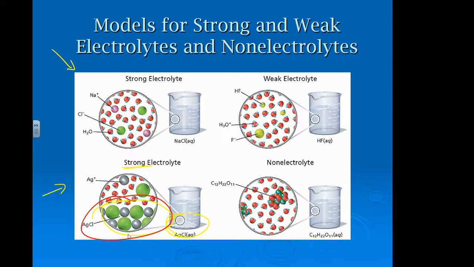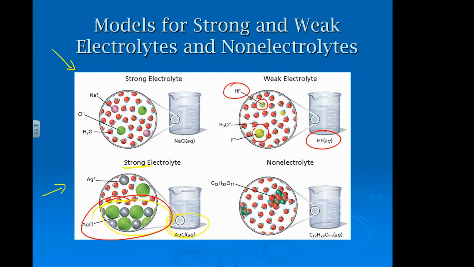The weak electrolyte, however, has some things that stay together. Notice here that hydrogen fluoride has some parts that are stuck together and some that are not. This is a fluorine all by itself, without the hydrogen attached to it. This HF did not get solvated, did not get dissolved or ionized in this case.